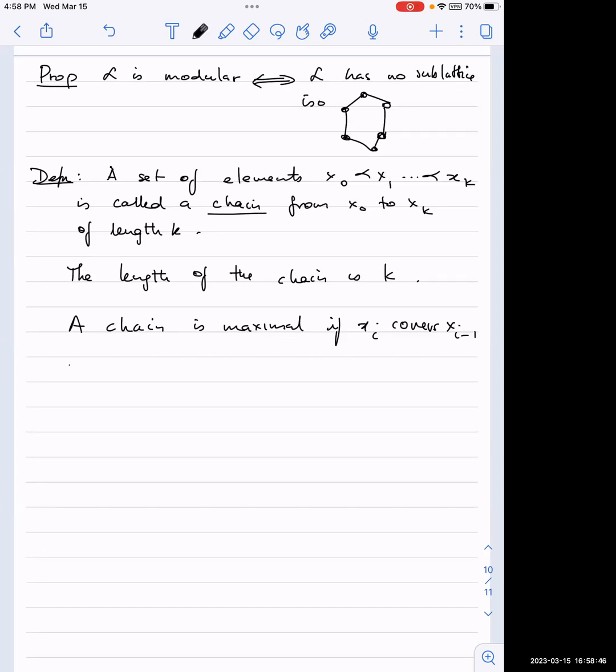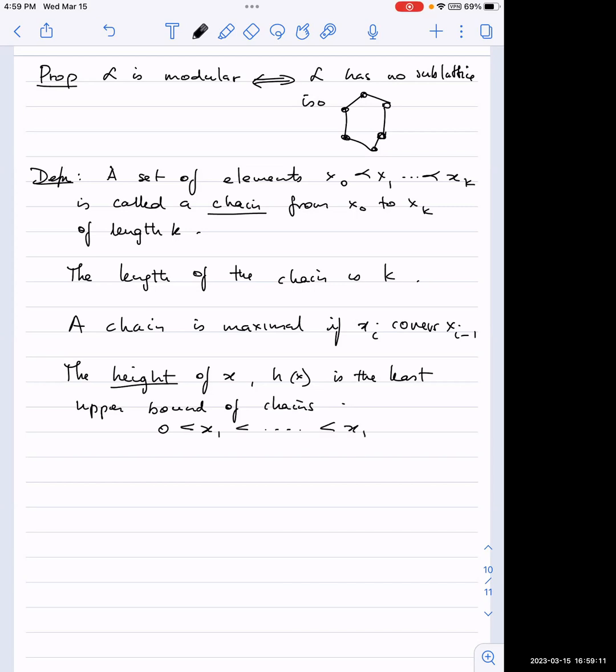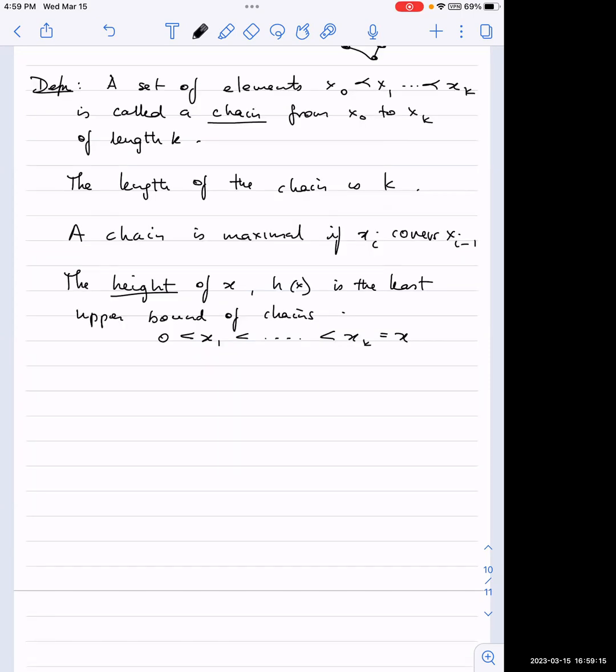The height of x is the least upper bound of chains 0 less than x1 up to xk equals x. So partial orders here.